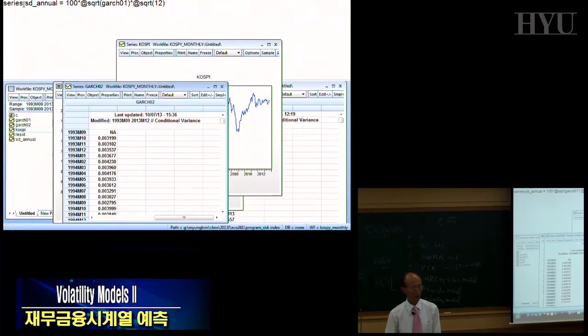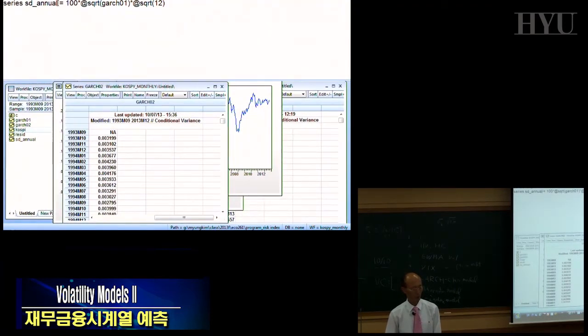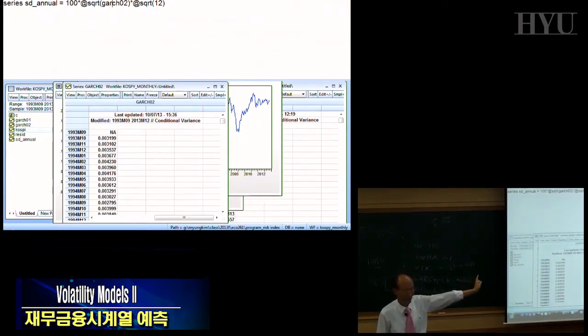So let's say, what is SD annual? GARCH02. And this is a variance, right? So you have to take the square root to make it sigma t, not sigma t squared. The square root function in EViews is @SQRT. So you're taking the square root of that variance times square root 12.